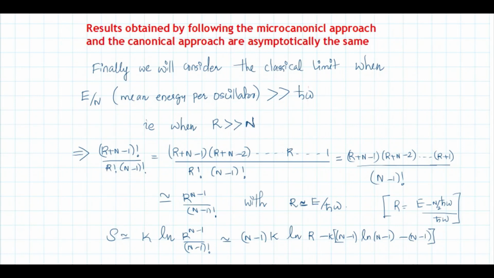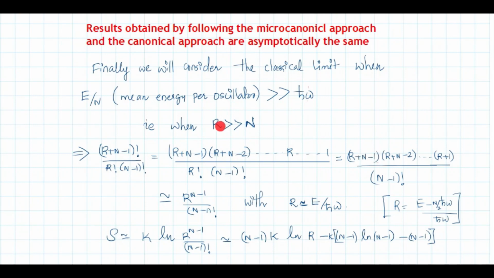So E by N very much greater than h cut omega means that R is very much greater than N. Then (R plus N minus 1) factorial is (R plus N minus 1) times (R plus N minus 2) up to R, down to 1, divided by the denominator R factorial times (N minus 1) factorial. This R factorial will cancel the product of 1 up to R. Then in the numerator you will have R plus 1 up to R plus N minus 1.